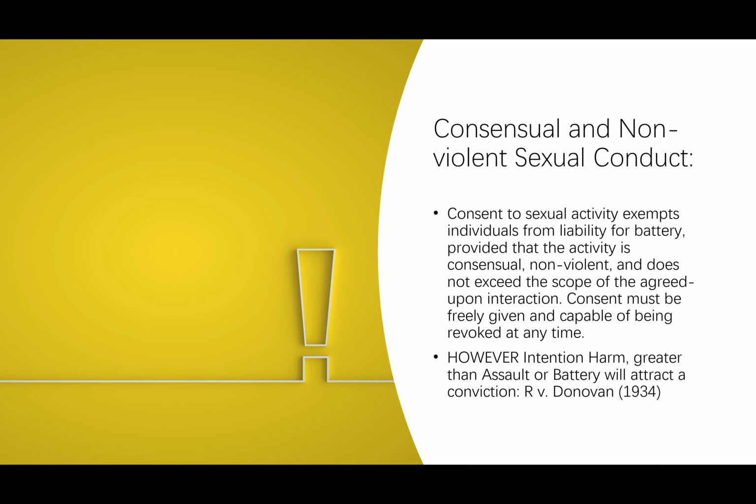However, intention, right, harm greater than assault or battery will attract a conviction. R v Donovan, 1934. In this case, we have where a girl was beaten as a form of sexual perversion, and the court was deaf to the plea that she had consented to the conduct.